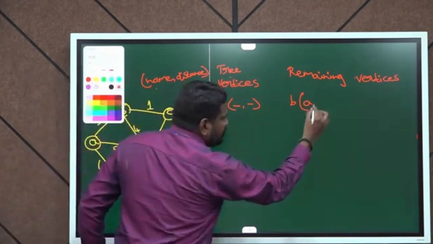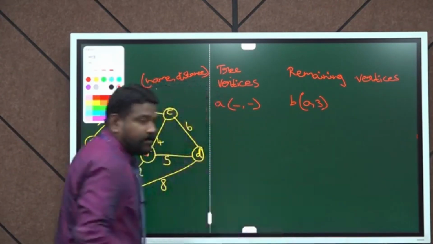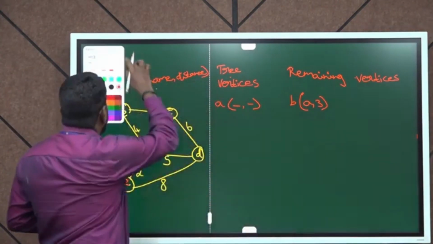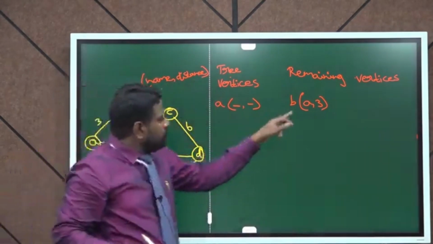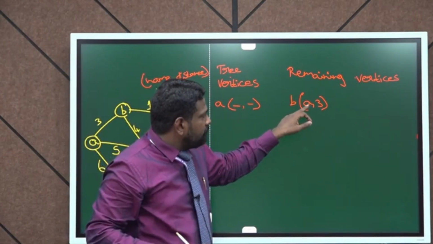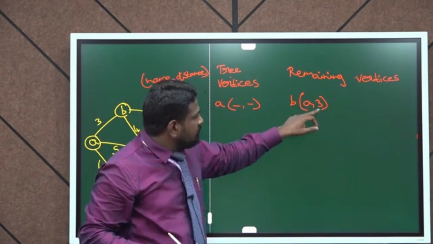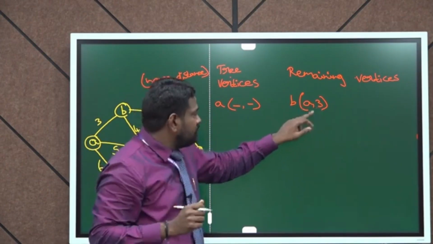So I am writing the distance value as B: A comma 3. For B, A is the adjacent vertex and the distance value from A to B is 3.